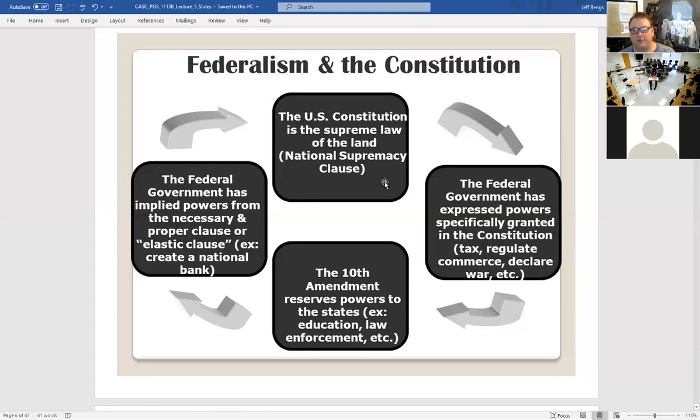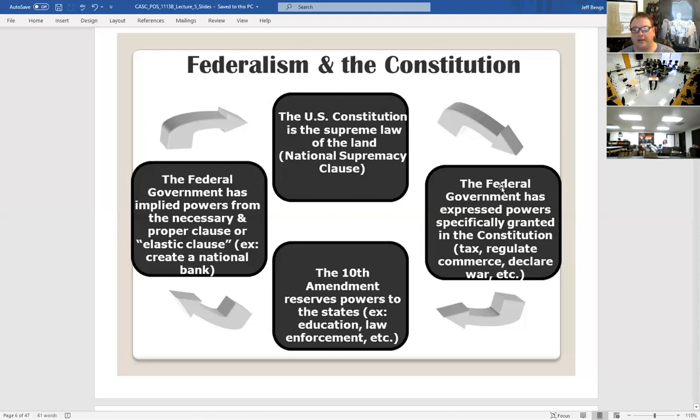So our 13 original colonies were not going to give up the power that they enjoyed outright. So the Constitution made sure, especially with the 10th Amendment, that there were powers reserved only for the states. The federal government could not tell the states what to do concerning education or how they did their law enforcement or their policing, things like that.